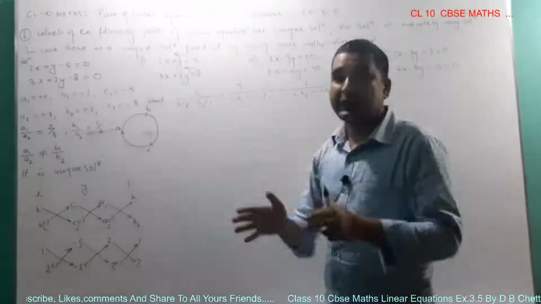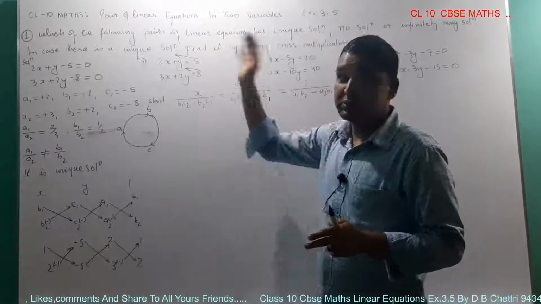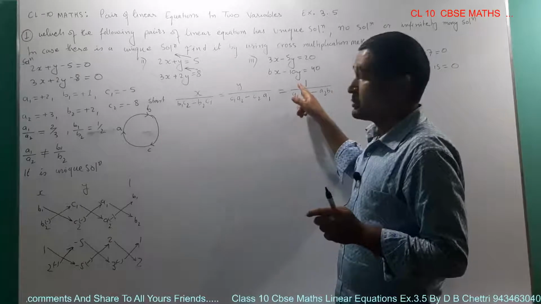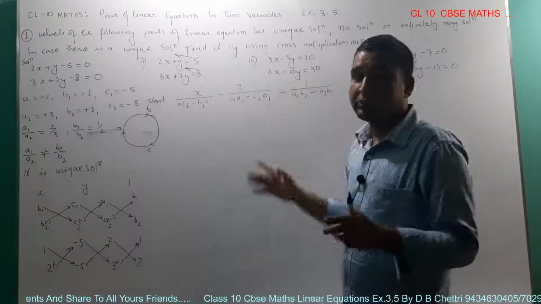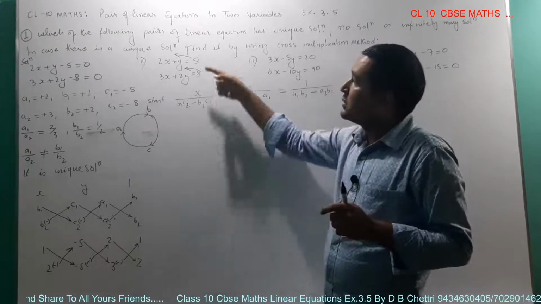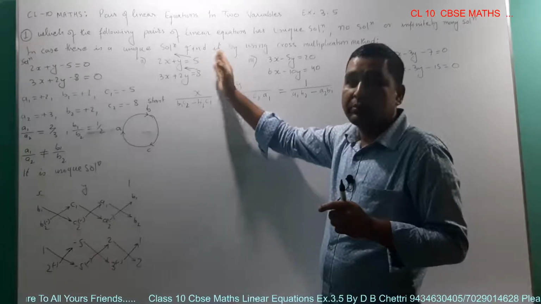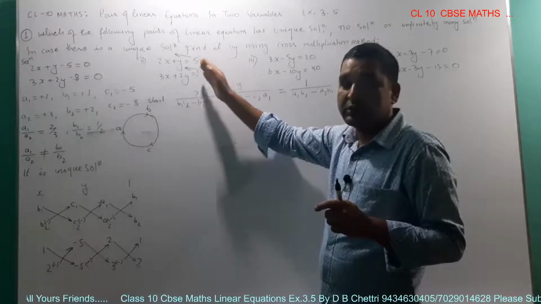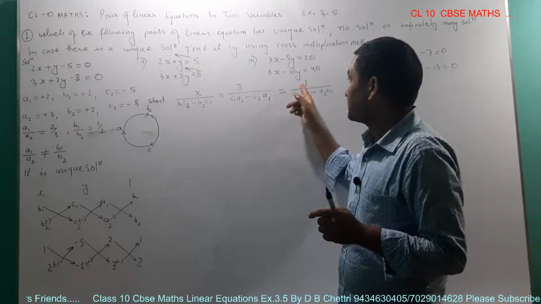If you want to do it directly without taking these two terms to one side, then in that case we have to put a minus sign. When to put the minus sign? If the third term is after the equal to, in that case we have to put the minus sign.